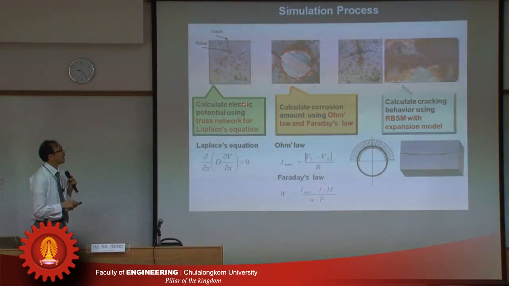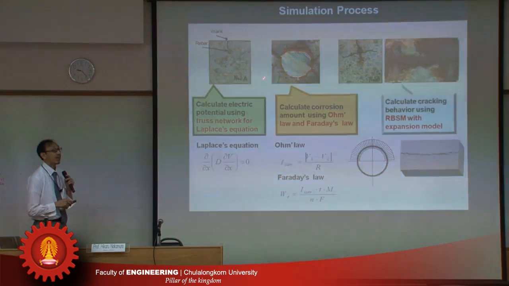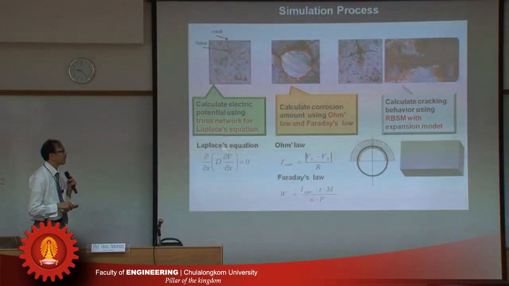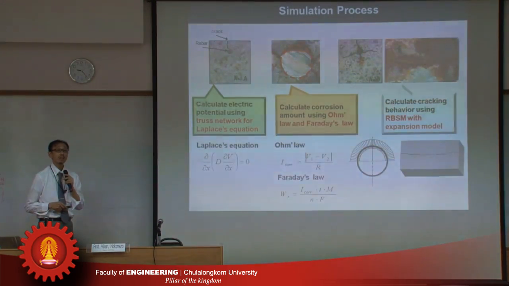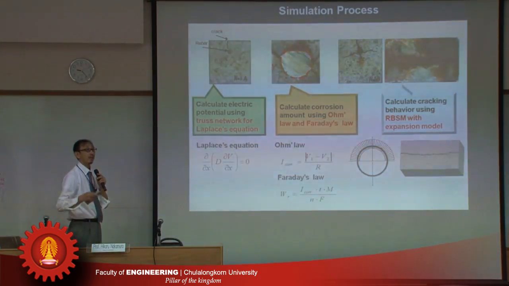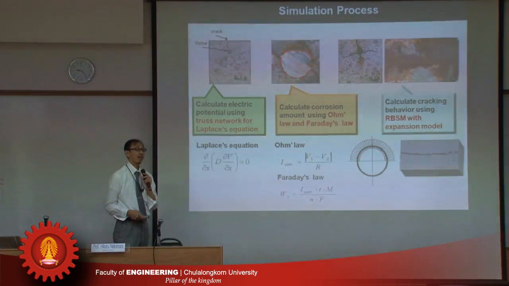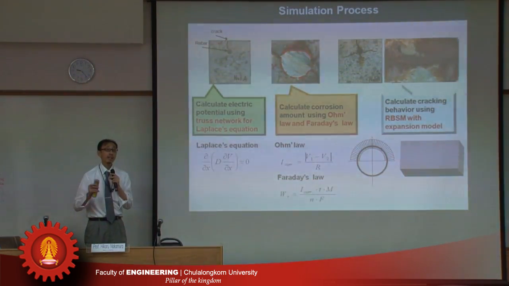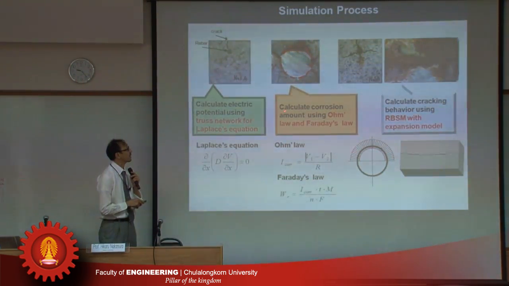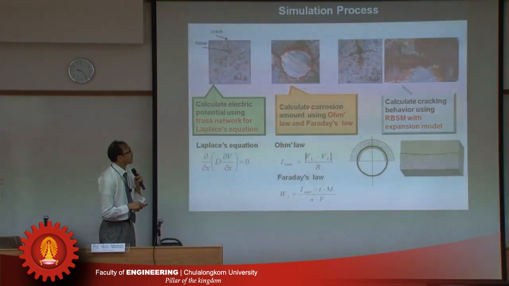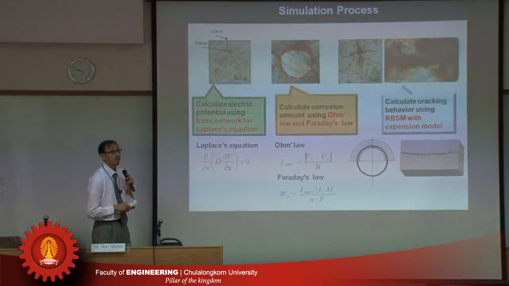First, the electric potential is calculated using the truss network model based on the Laplace equation. So we solve the electric current distribution and movement of the electric current, because this is an electric corrosion test. Next, we calculate the corrosion amount using Ohm's law and Faraday's law.